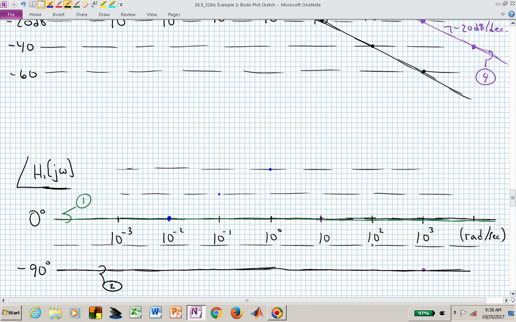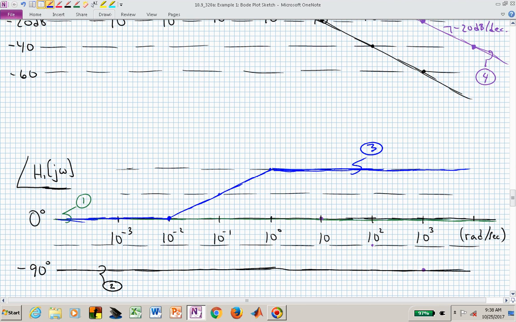We then have the 0 that's breaking at 10 to the minus 1, but we know that we're going to transition over a 2-decade interval, and we transition from 0 degrees to 90 degrees. It's a 0, so it's going up. And then we simply connect those two extremes with a straight line. And this is now piece number 3.